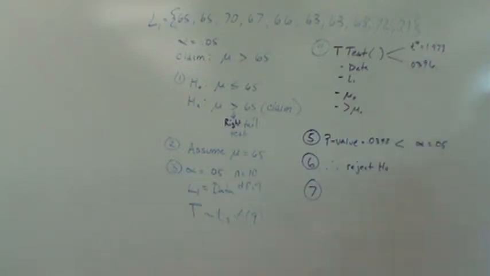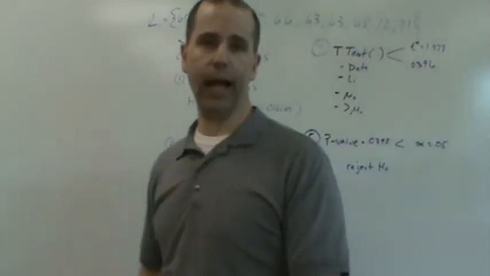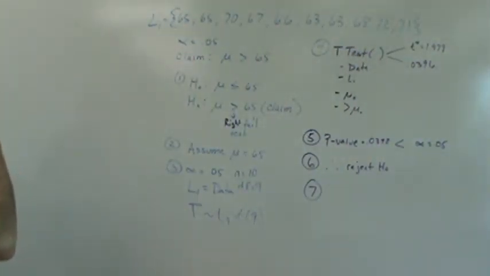Let me see what I got here. Yeah, so my t star that I got before was 1.976. My p-value was a little bit off too, but again, it's because the calculator doesn't have round off error, okay? But again, it's not going to affect whether you get the correct answer or not, okay? So don't worry about that, okay?